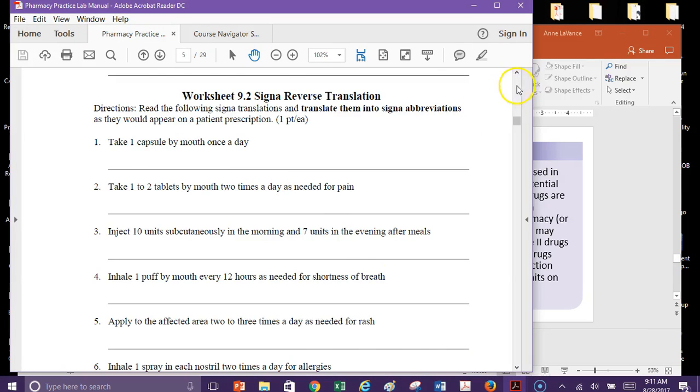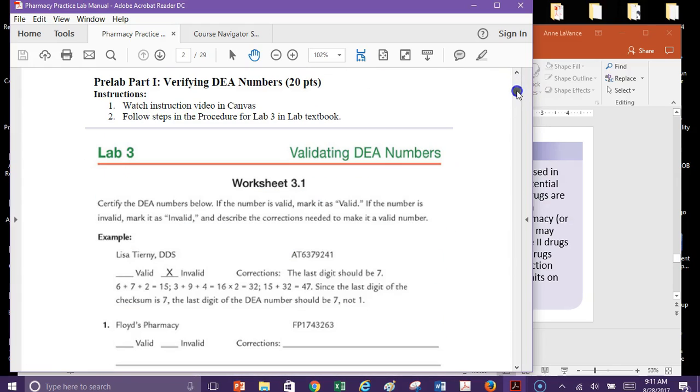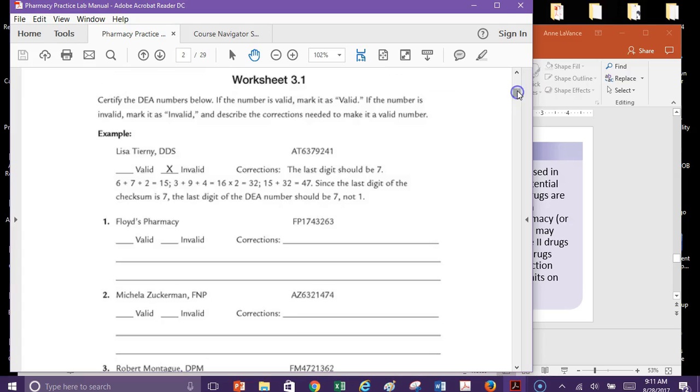So in your lab manual binder, you're going to go through. It gives you the example here of Lisa Tierney, which we just did. And now we have Floyd's Pharmacy. So you have to identify, okay, a pharmacy should have, what is its first letter? Then its second letter. Now if one of these letters is incorrect, identify. So I'm going to help you with the first one.